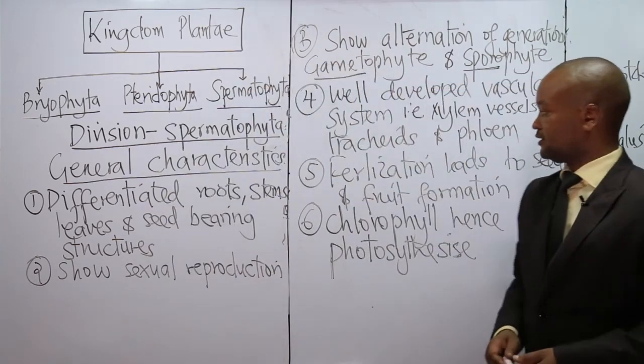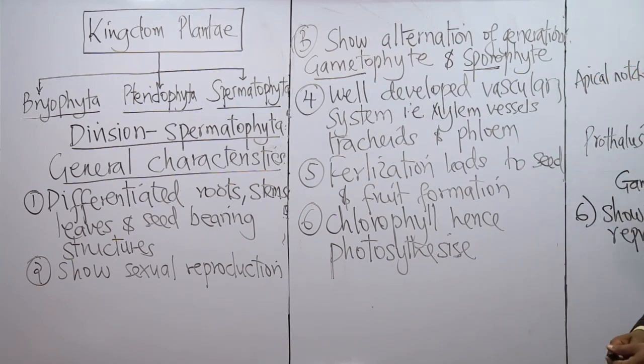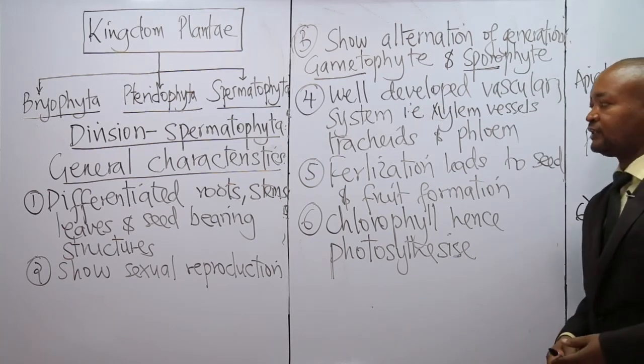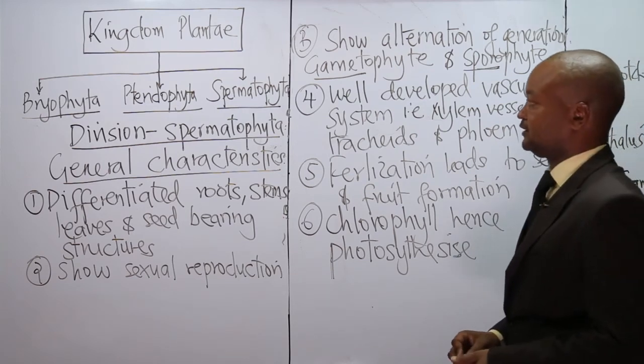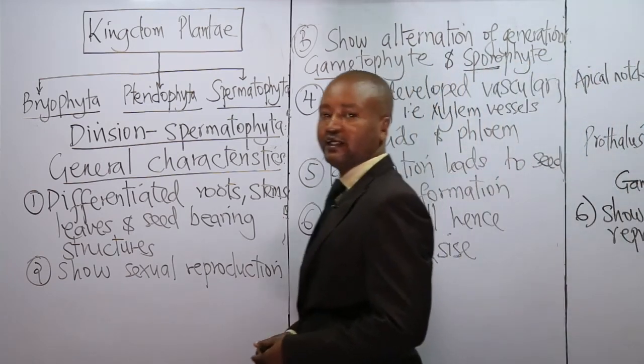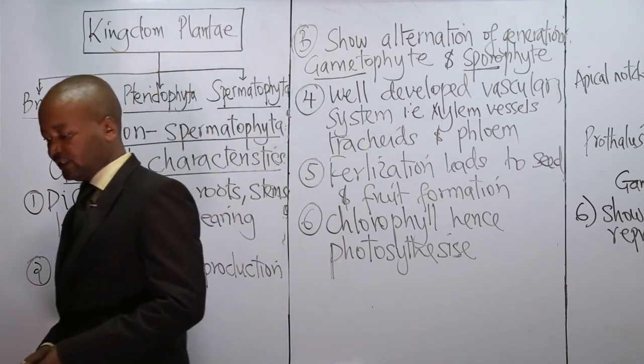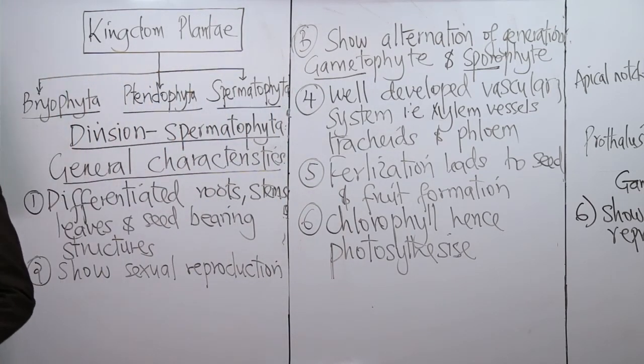They photosynthesize. We are also saying that it is a division that has highly advanced members. Members are highly advanced because they have structures that are typical of what happens in plants.